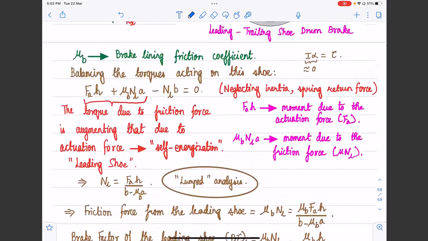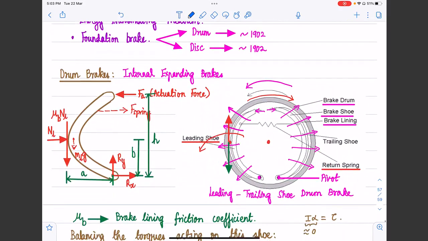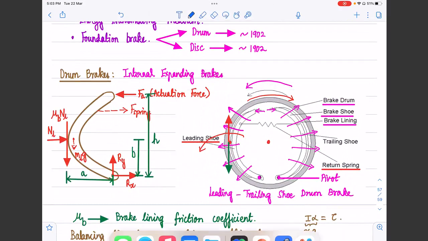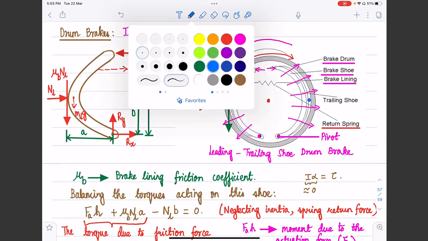So if we were to look at the diagram of the drum brake, and then if we reason out the direction of the friction force on the trailing shoe, if we are looking at this point where we are lumping all the forces, please note that the deceleration torque should be produced on the brake drum in the clockwise direction.